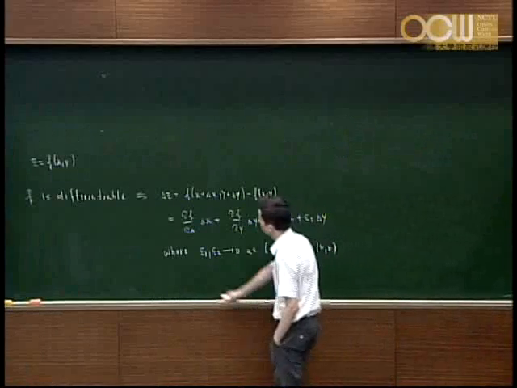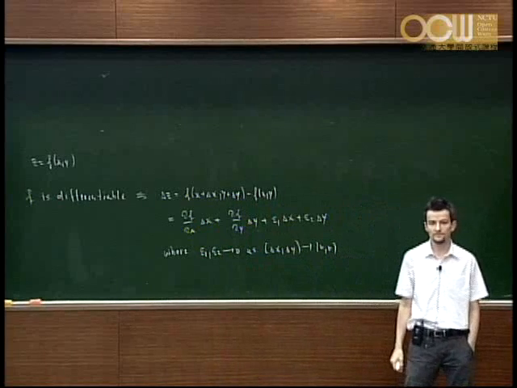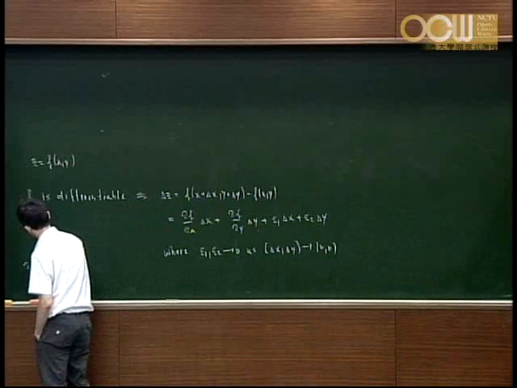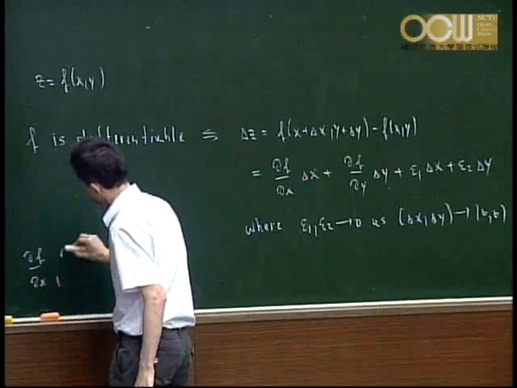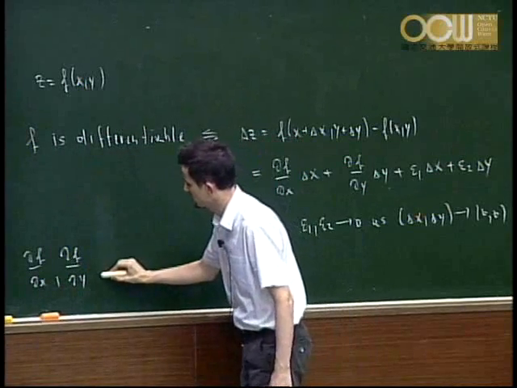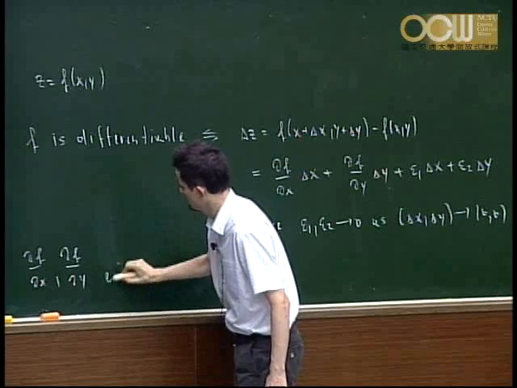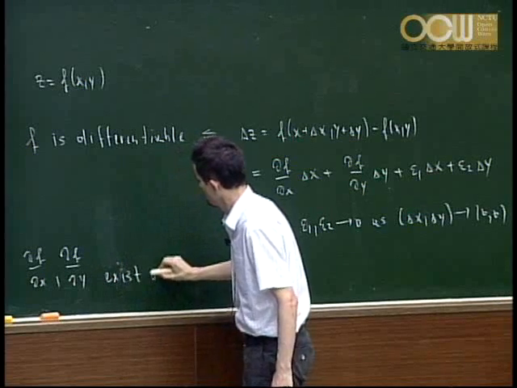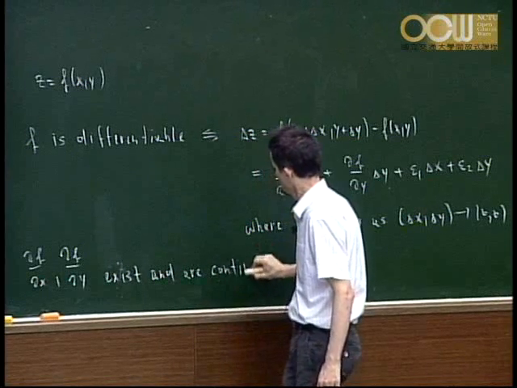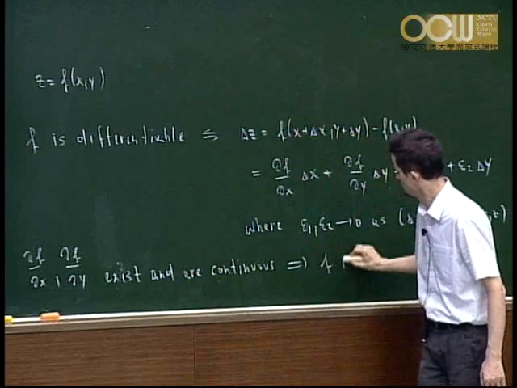For differentiability, of course, what you need, you see this here, is the existence of the partial derivatives. But the inverse is not necessarily true. So last time we showed already that if the partial derivatives both exist and are continuous, then f is differentiable.